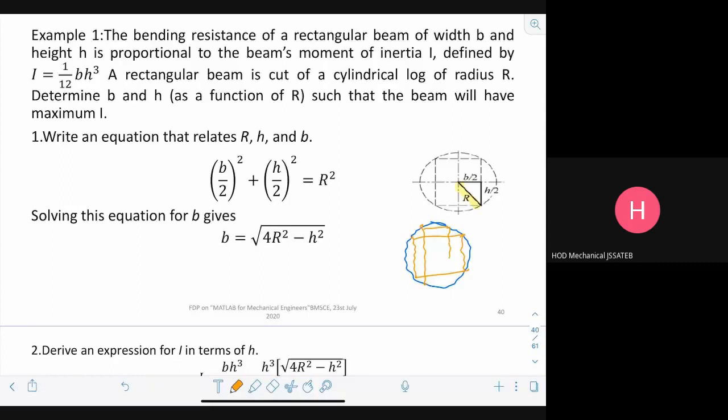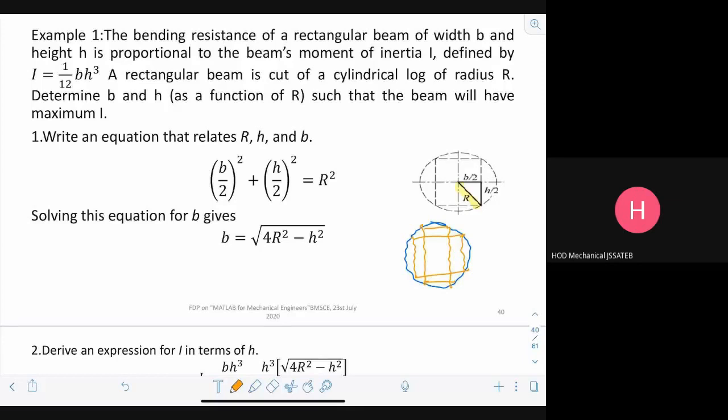Therefore, there are infinite possibilities of b and h. But I should cut it in such a way that I is maximum because, for bending resistance, M by I equals sigma by y. So you want maximum bending moment to be taken, so I by c should be maximum, which is the section modulus. Therefore, we would like to look at optimizing the value of I in this particular exercise.